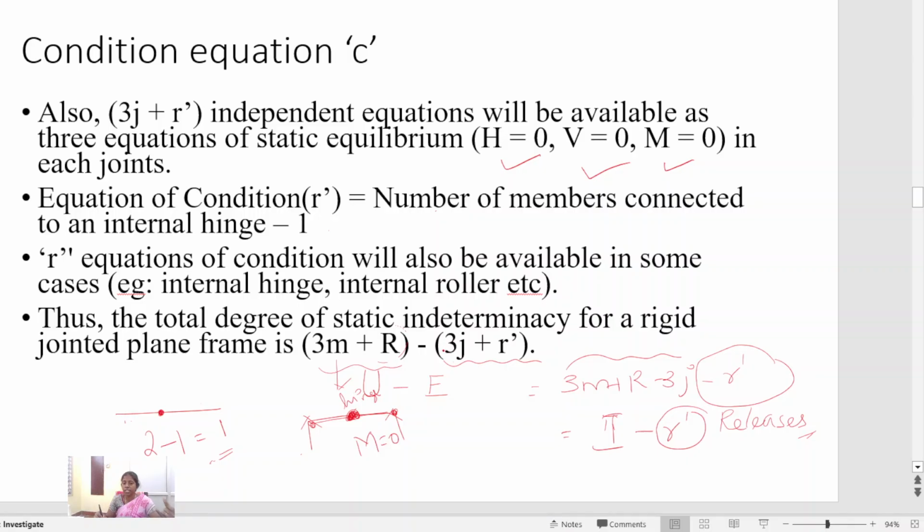Each joint will have three equilibrium equations, summation of H equal to 0, V equal to 0, M equal to 0. That is why minus 3j. In addition to that, some structures will have some releases. For example, if a member is separated by a hinge, these are considered to be separate members, that is two members, minus one hinge. So 2 minus 1 equal to 1, so I think you understand.